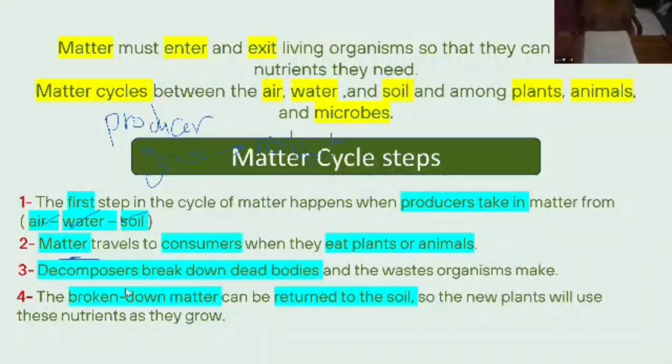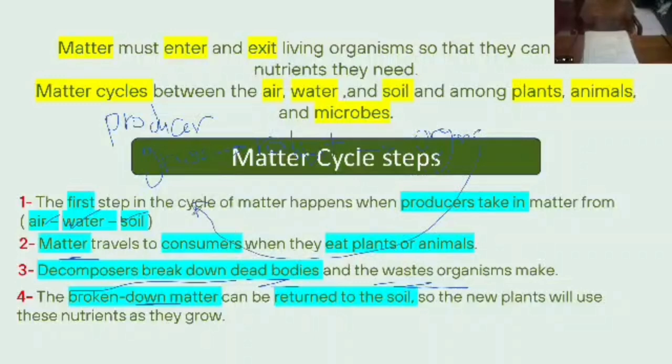Okay, then number three, decomposers. After the death of this rabbit, the decomposers break down dead bodies and waste. And the organic compounds that come from the decomposition of this rabbit will return back to the soil.